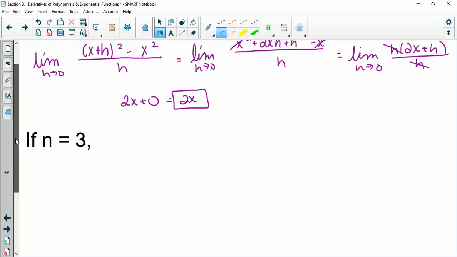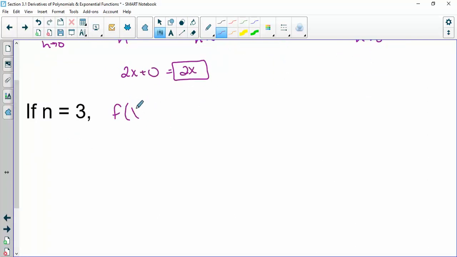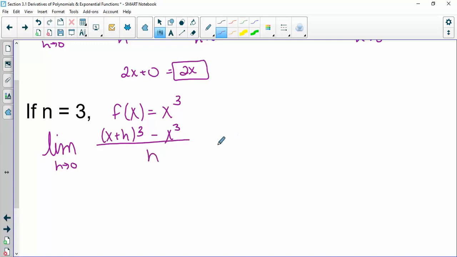If it's 3, so the limit as h approaches 0 of f of x plus h minus f of x over h.